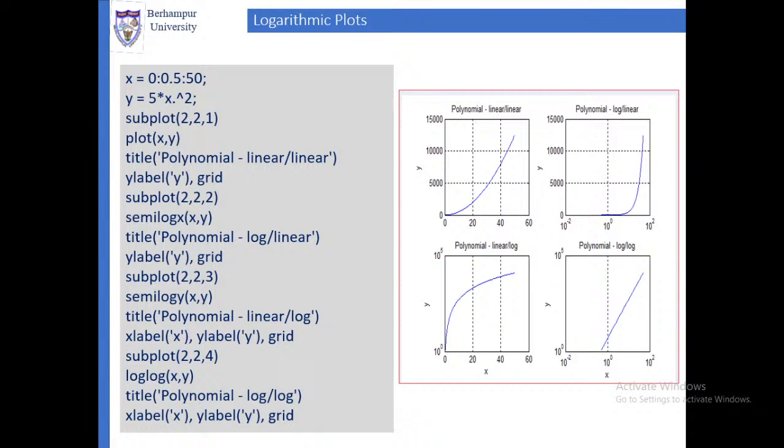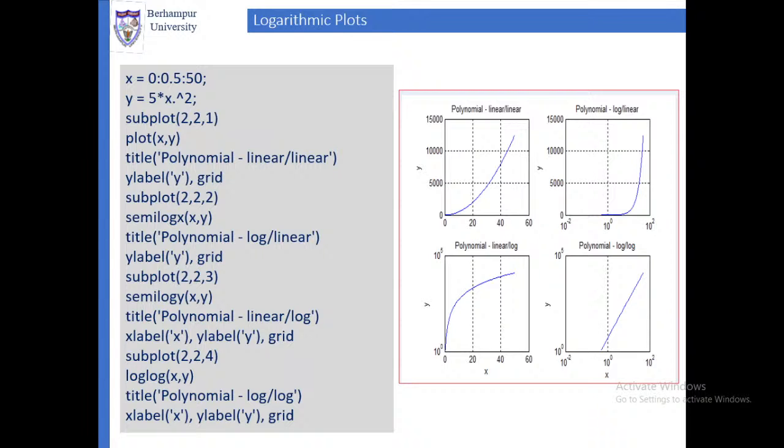It is a 2 cross 2, which means now we are going to the third plot, second row, first column. It is semilogy. Y is in the semilog format. The previous one was semilogx, where x was in the semilog format. So here y is in semilog format, x is in linear format.